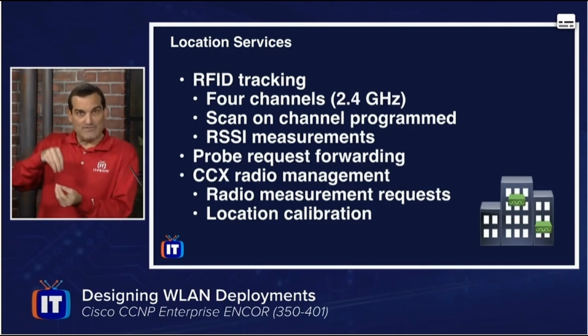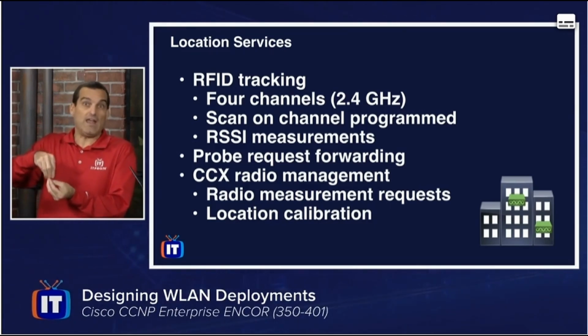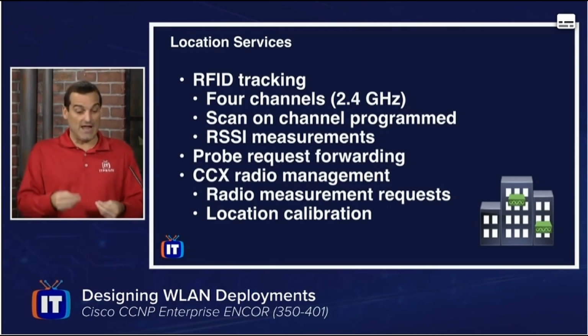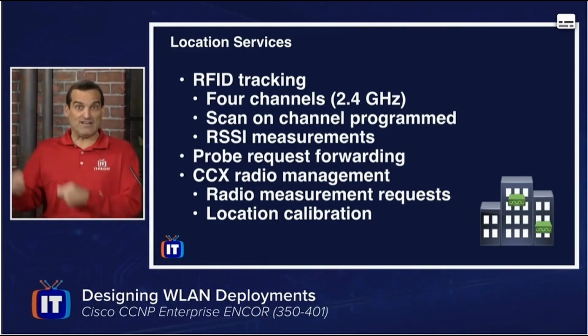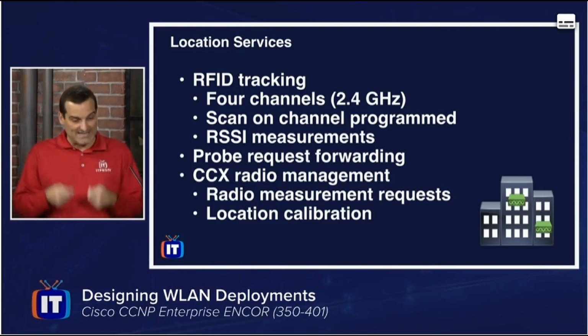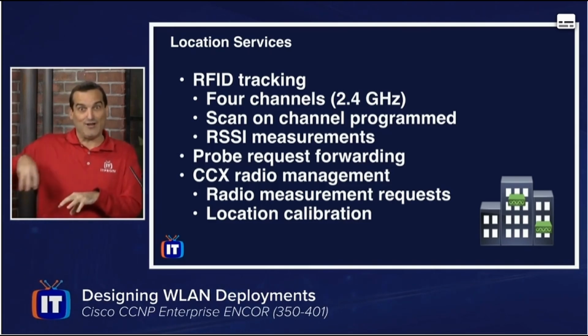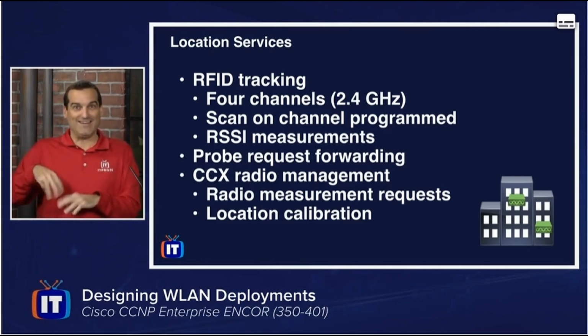And what you do is you have the RFID chip pre-programmed to be on channel 6. And then you go up to the wireless LAN controller and you say, okay, scan on channel 6 for those RFIDs and let us know where they are. It does a cool RSSI-like measurement to plot where the thing you're tracking is. That's pretty cool. On a map.